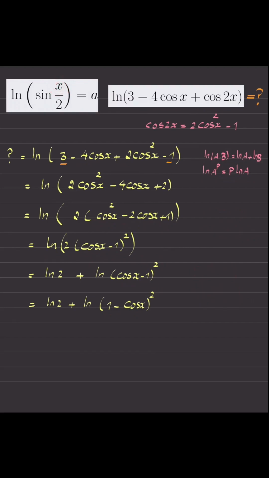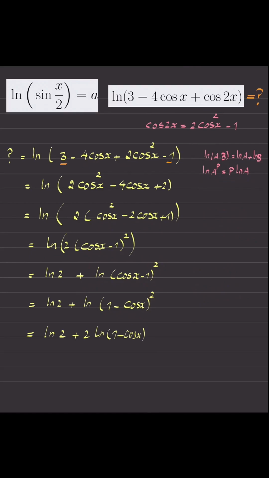So when they tell us that ln of sine x over 2 is equal to a, they are also guaranteeing that x is a number for which this ln is defined. So x is not equal to 2n pi, and this number is positive. Now I can move it to the back of the log, so this becomes ln of 2 plus 2 ln of 1 minus cosine x.